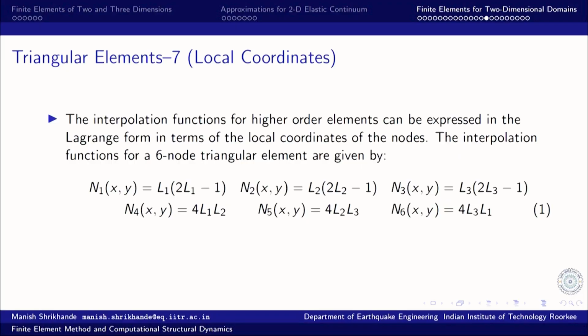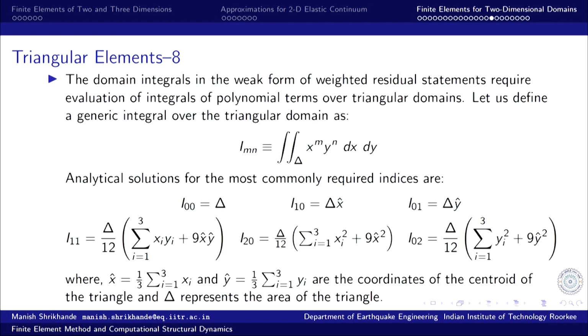So, 6 node triangular elements are very easily given like this. They are quadratic, second degree polynomials, as you can see. Each of these terms, L 1 is a first degree polynomial, this is also a first degree polynomial, and the product of them gives you a second degree polynomial. So, next is the issue of computation of domain integrals.